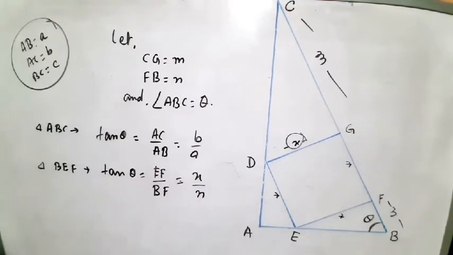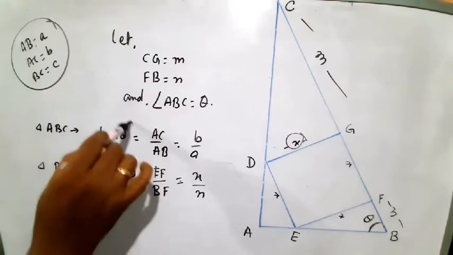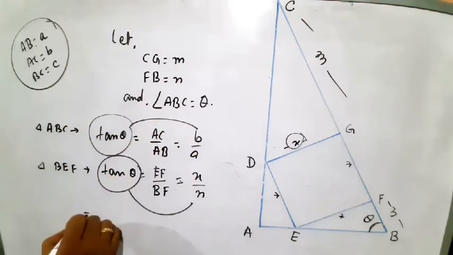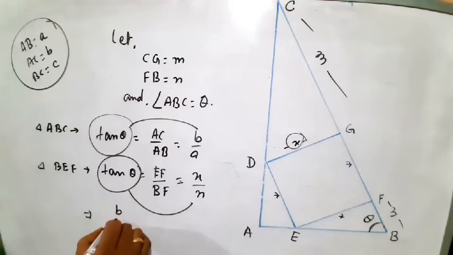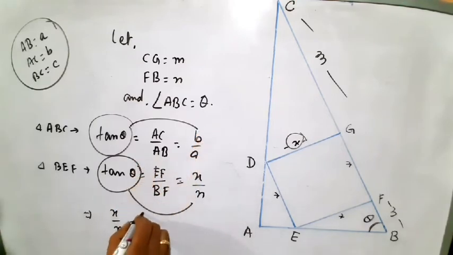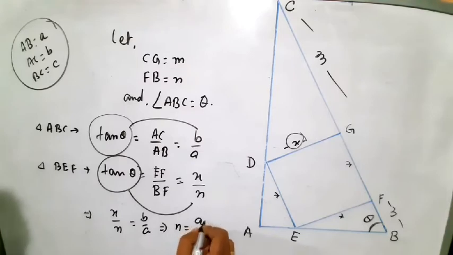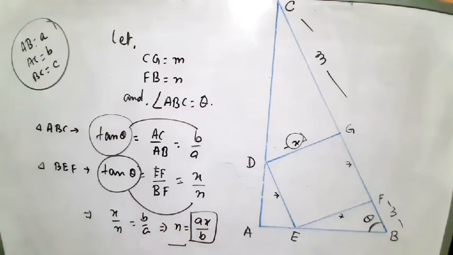So tan theta equals x by n, equal to b by a. So we have to find n from this. n equals ax by b. Easily you can write n equals ax by b.